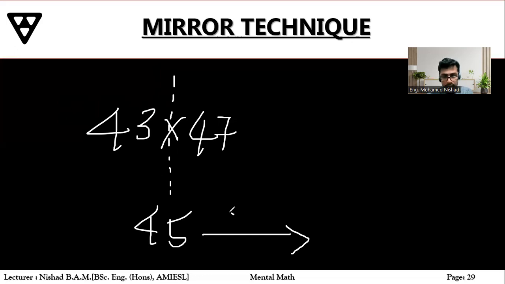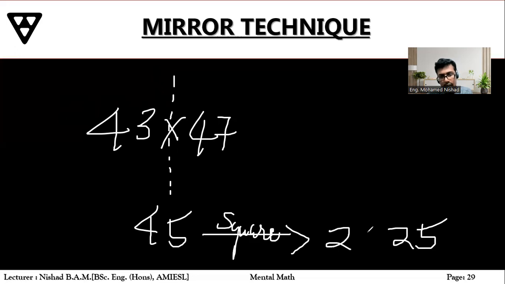So we have to square this number, right? If you square this number, how much will it be? Always 25 will come over here, and we have to take the first digit, 4, and multiply it by the next digit, 5. So 5 times 4 will be 20, right? So we know how to calculate a number ending with 5.